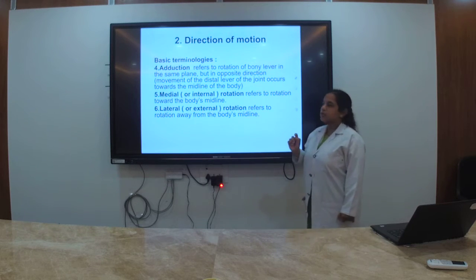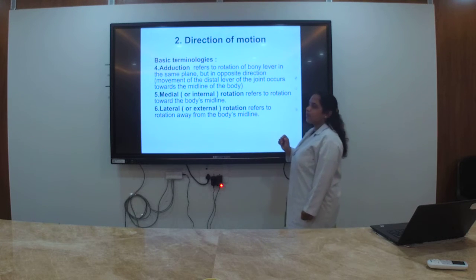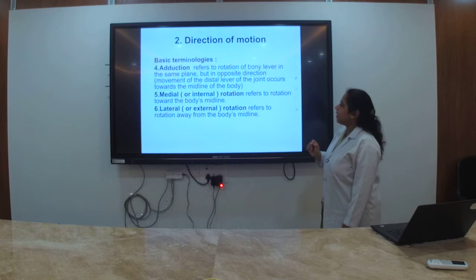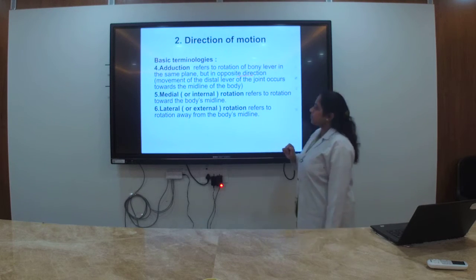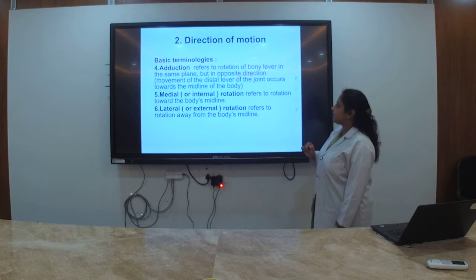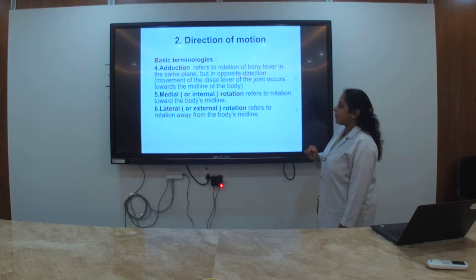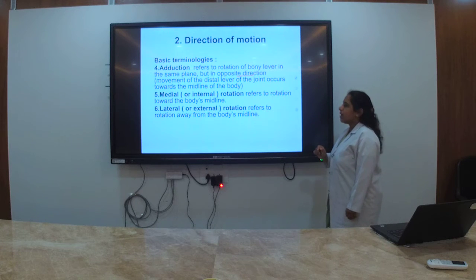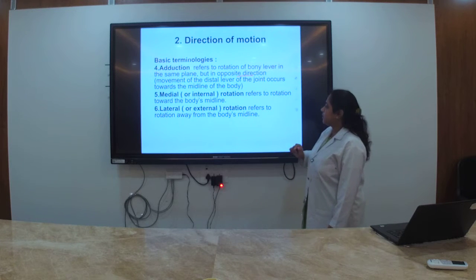The next terminology is adduction, which refers to rotation of the bony lever in the same plane but in the opposite direction. The medial rotation refers to rotation towards the body's midline, while the lateral rotation refers to rotation away from the body's midline.